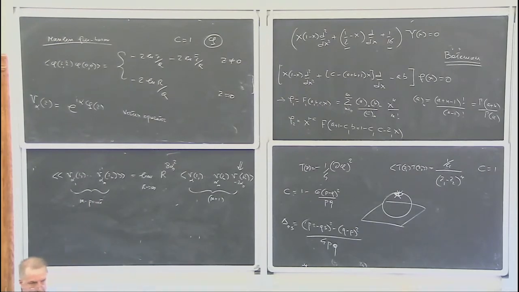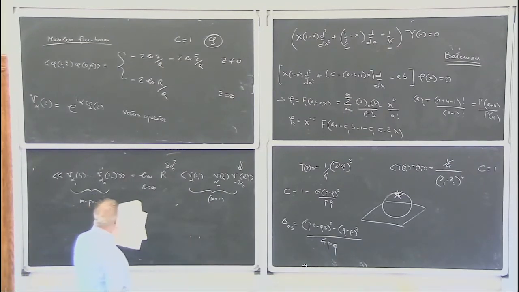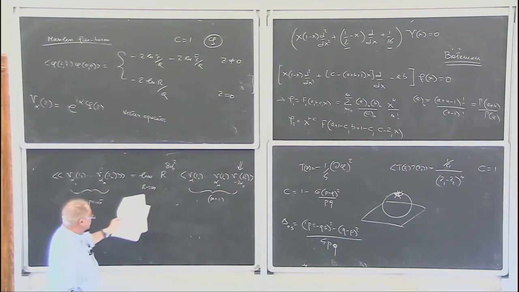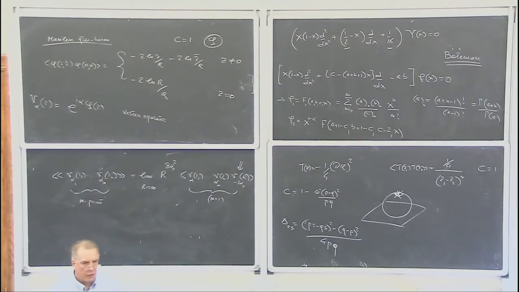The amazing thing is that if you take the formula I just erased, you will check that what is defined by this limit satisfies all the axioms of correlation functions. So it can be a correlation function.